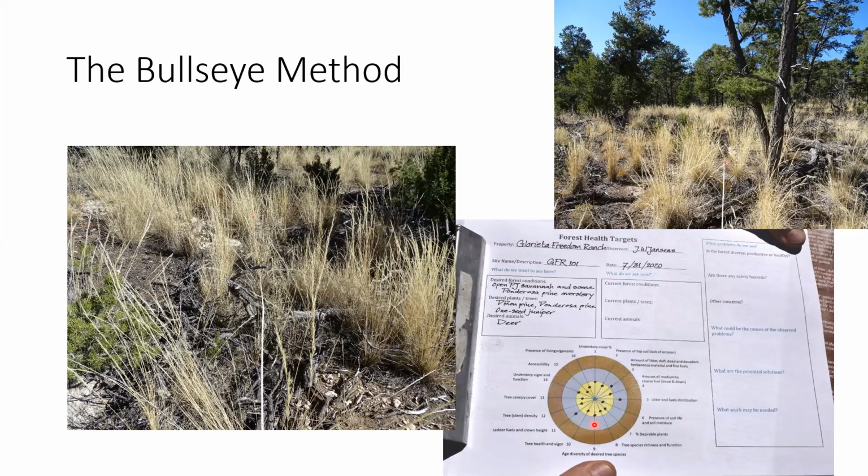So here, for instance, in this landscape, we scored it pretty high and identified only that the amount of litter and duff and decadent herbaceous material was not ideal. The distribution was not ideal because it was often in piles. And the ladder fuels, there are ladder fuels in this landscape.